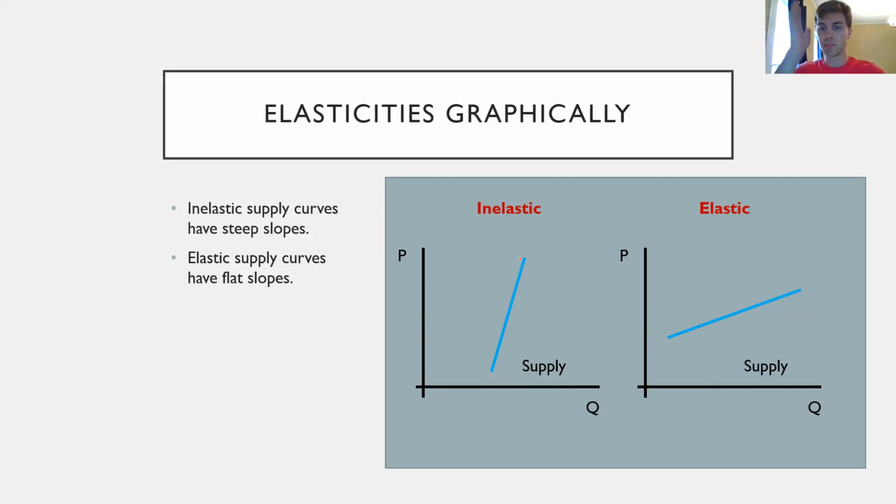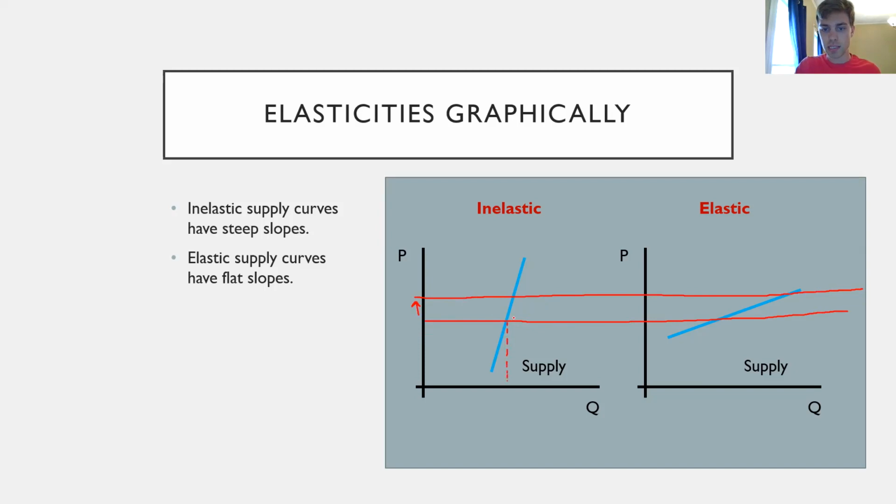But again, a steeper slope is going to indicate an inelastic supply curve, and a flatter slope is going to indicate an elastic supply curve. I'll go through the same little exercise here. I'm going to pick just this price on both supply curves, and then we will increase the price to a new price and see how that affects our quantity supplied.